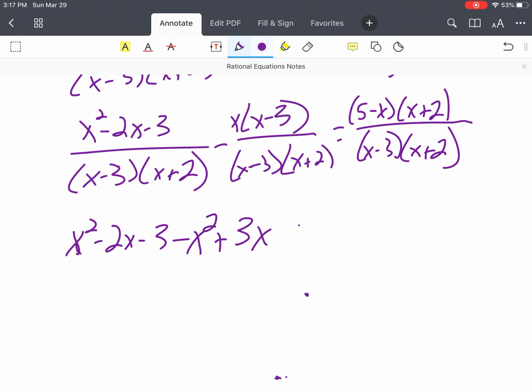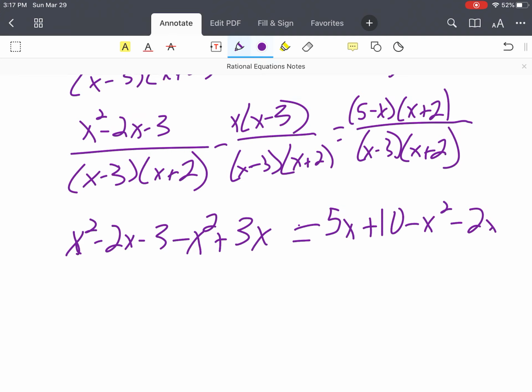So it's minus x squared plus 3x, equals, that's going to have to be FOILed. So 5x plus 10 minus x squared minus 2x. So you're just left with this long thing.